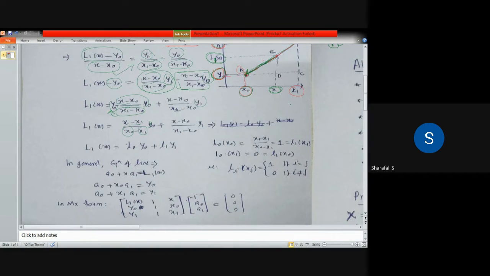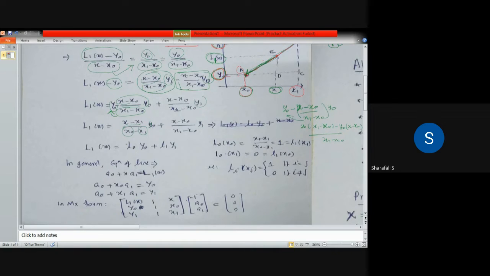I hope you understood what you have to do: y0 minus x minus x0 divided by x1 minus x0 into y0. So this x1 minus x0 you have to cross multiply with this y0. So that will come y0 into x1 minus x0 minus y0 into x minus x0, divided by x1 minus x0.